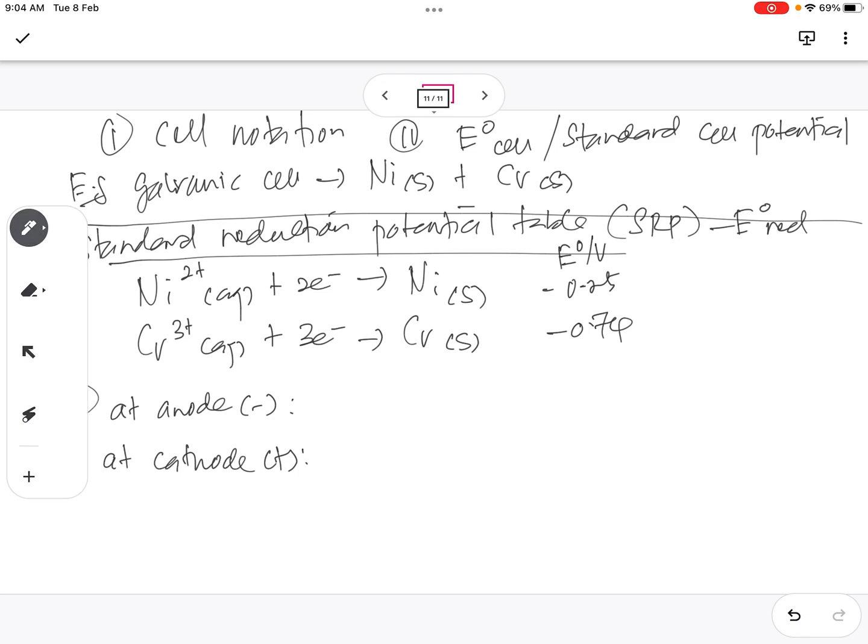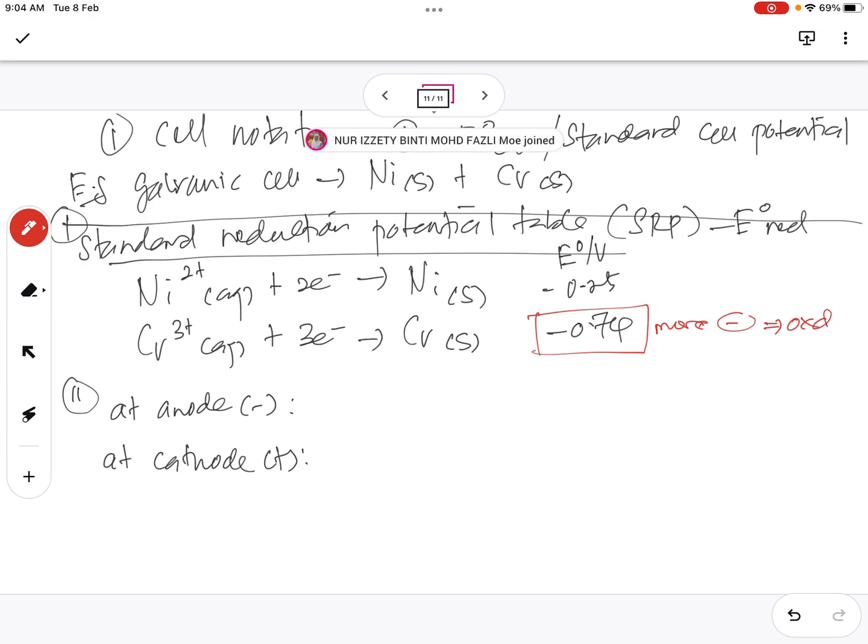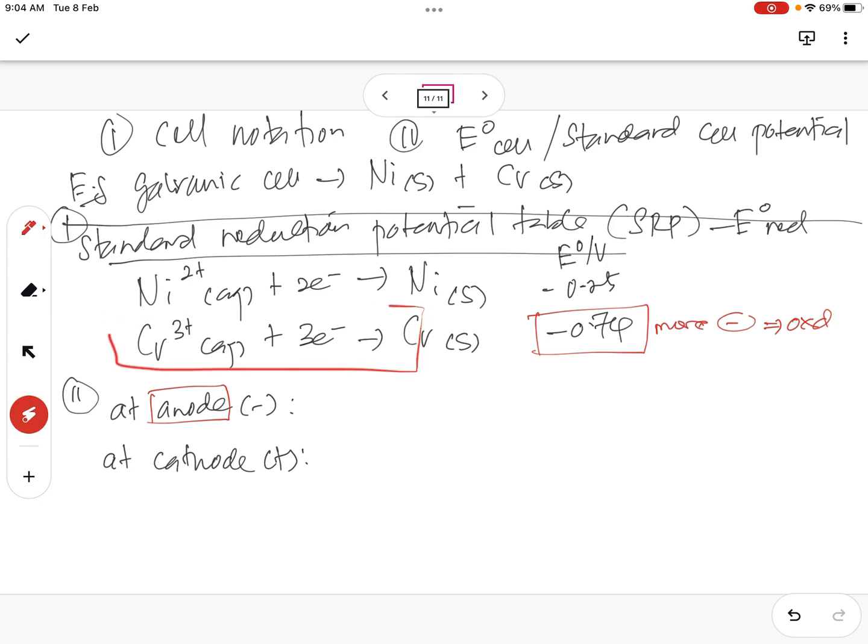So based on the value here, you can check our E naught reduction of chromium is more negative. That means here the process will be oxidation, and oxidation always occurs at the anode. And bear in mind, the equation is in the form of reduction, but we have to do the oxidation process here.